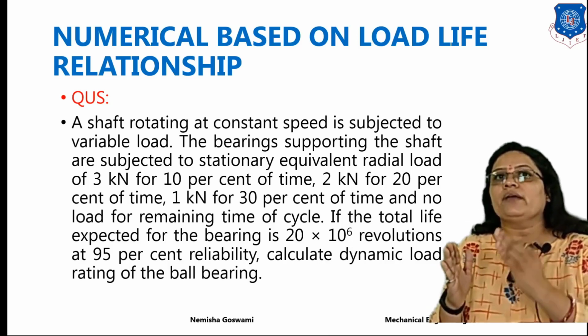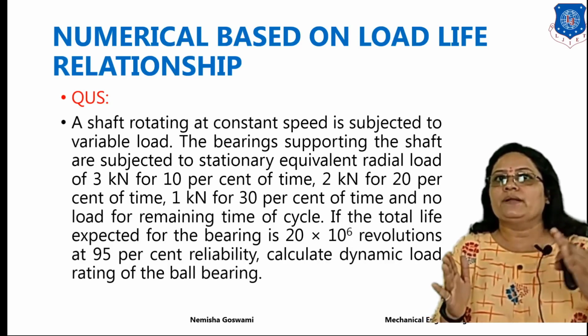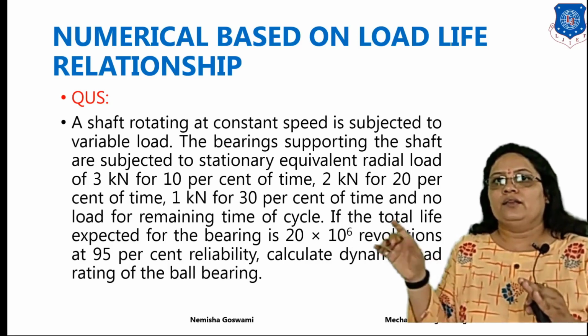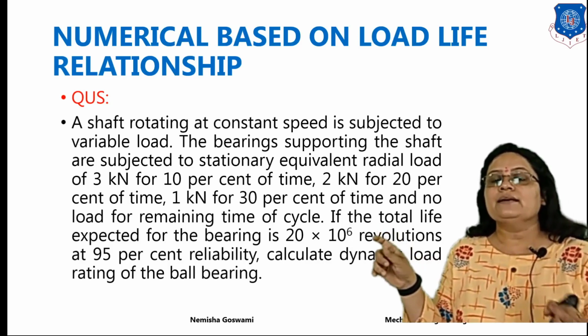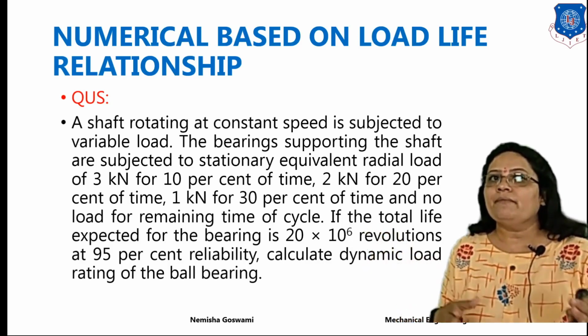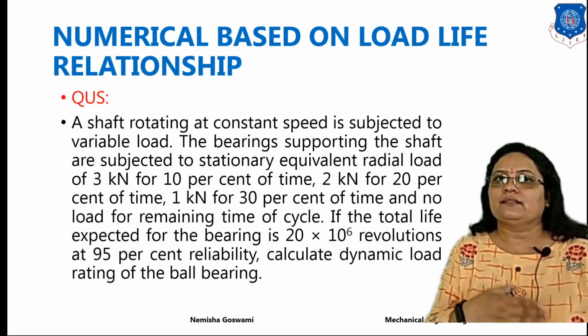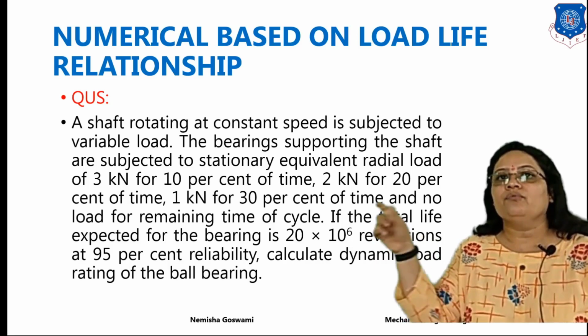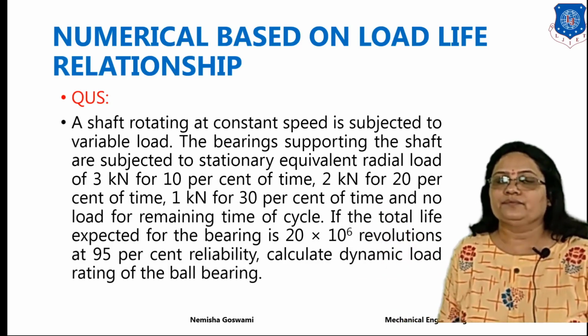So N is equal to N1 plus N2 plus N3 plus N4. So N4 is equal to N minus (N1 plus N2 plus N3), okay, so you will get your N4. In that condition, W4 is equal to 0, clear?